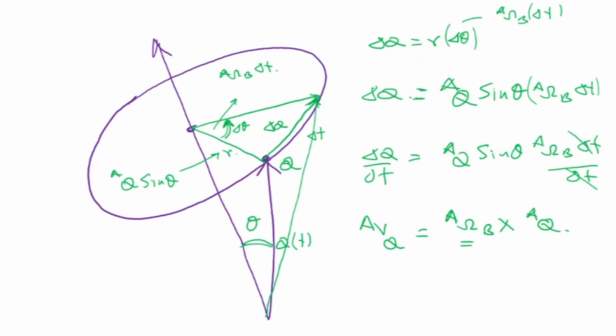So what we see is that when a body is rotating, it has an angular velocity, and there is a linear velocity associated with that. Why? Just because the body is rotating, which is equal to ᴬΩ_B into ᴬQ.